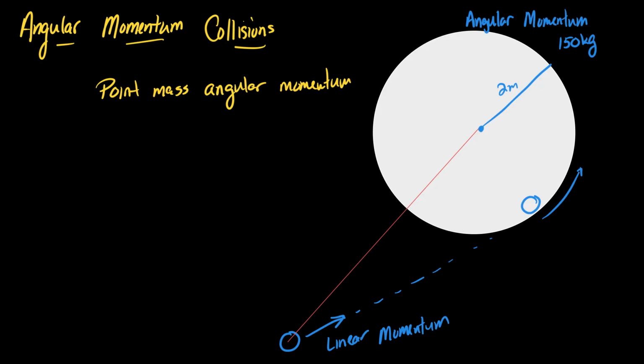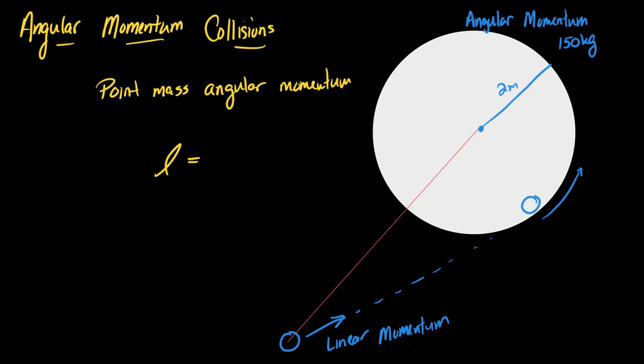Now, the way we calculate point mass angular momentum for an object traveling in a straight line is going to look kind of silly. We use a lowercase l, and that's the best I can do because if I make just a line, it looks too much like a 1. So from now on, this lowercase l or script L is supposed to represent angular momentum, because it's still an L, but I'm using the lowercase to signify that it is a point mass traveling in a straight line.